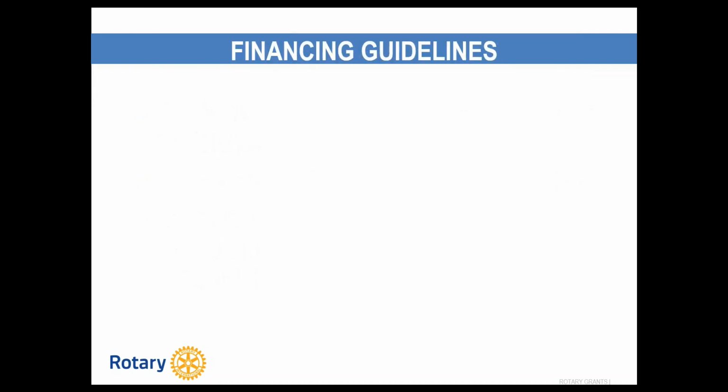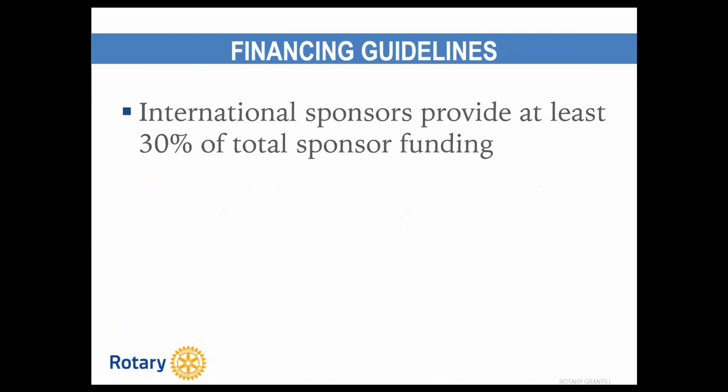Here are some additional financing guidelines. International sponsors provide at least 30% of total sponsor funding. Let me state it differently. At least 30% of the total budget must come from outside the host country's district.